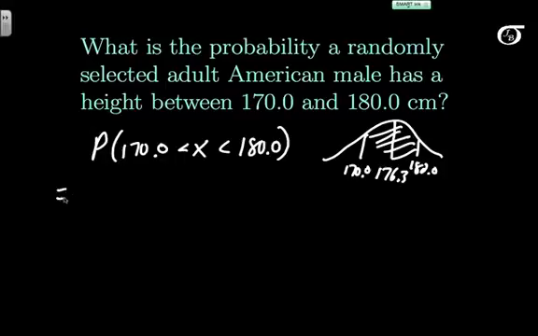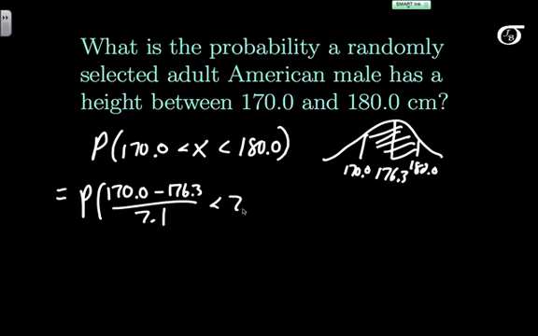I'm going to skip a step here and go straight to subtracting the mean, which is 176.3 centimeters, and dividing by the standard deviation. Now I can call that z, because I'm standardizing this. So 180.0 minus 176.3, again divided by the standard deviation, and we've converted from x to z.